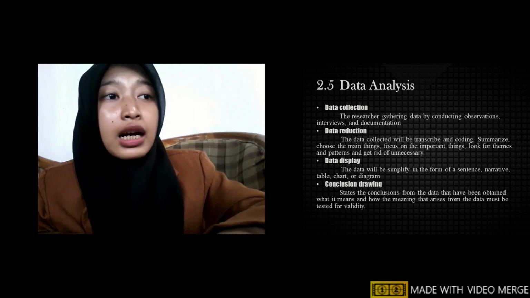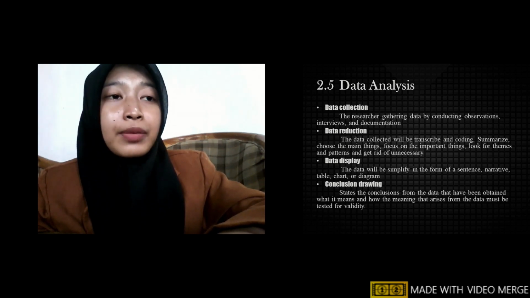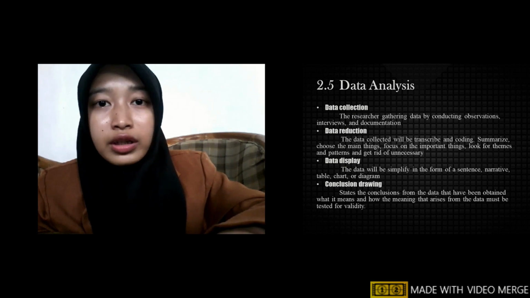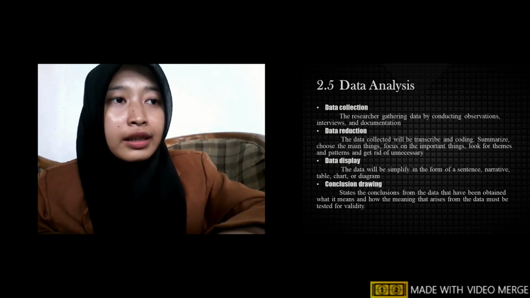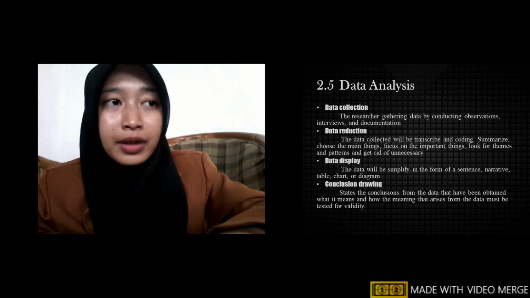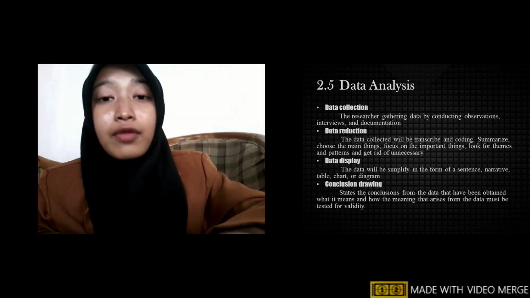Data display. The data will be simplified in the form of a sentence, narrative, table, chart, or diagram. And conclusion drawing. Conclusion drawing states the conclusion from the data that have been obtained, what it means, and how the meaning that arises from the data must be tested for validity.